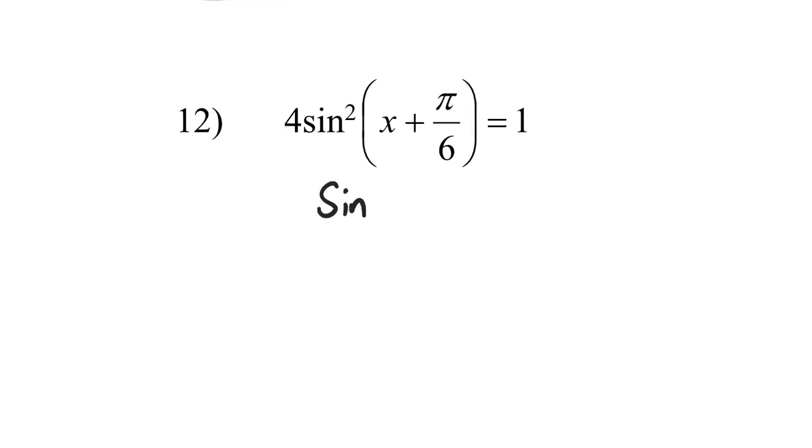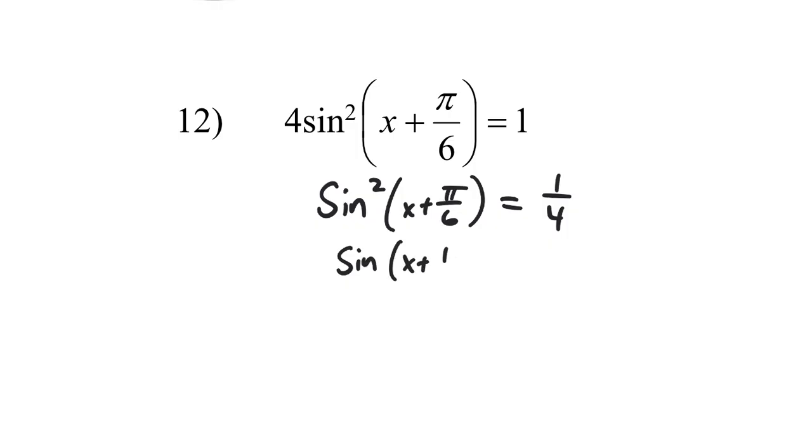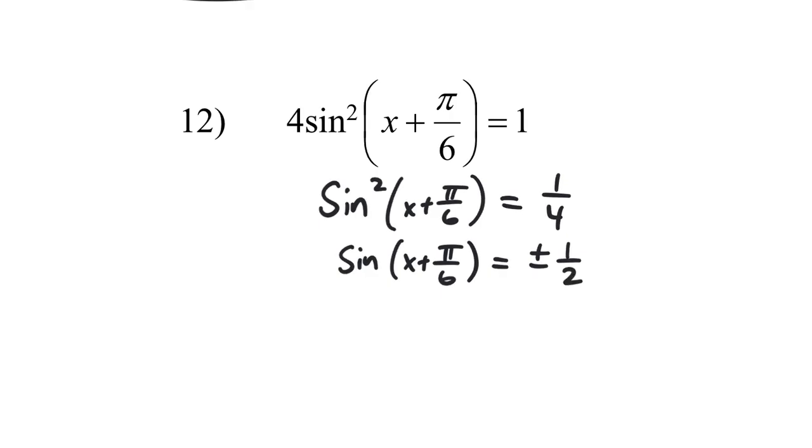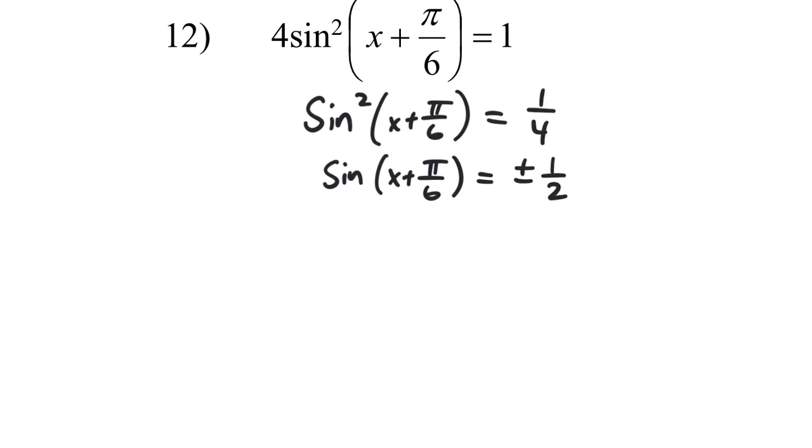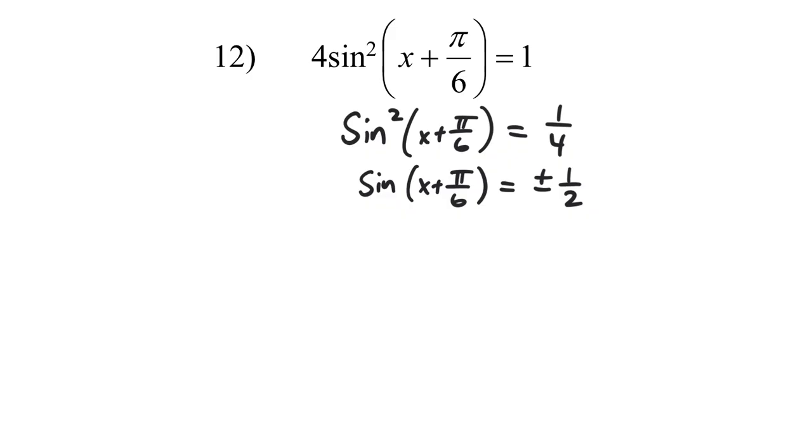So sine squared of our angle, x plus pi over 6, will equal 1/4. And then we take the square root of both sides, so sine of our angle will equal plus or minus 1/2. All right, that's reasonable for us. We know that 1/2 shows up on our unit circle.